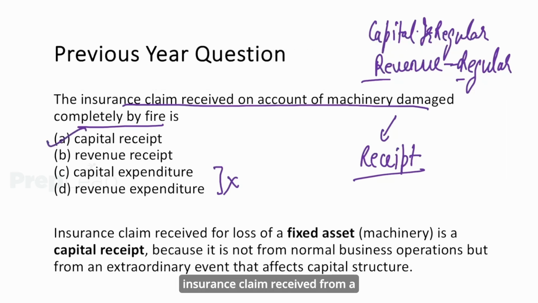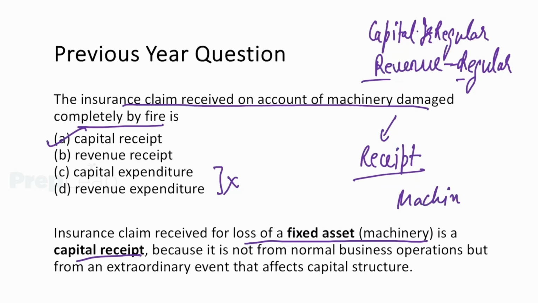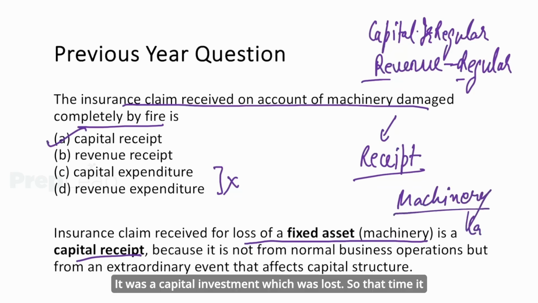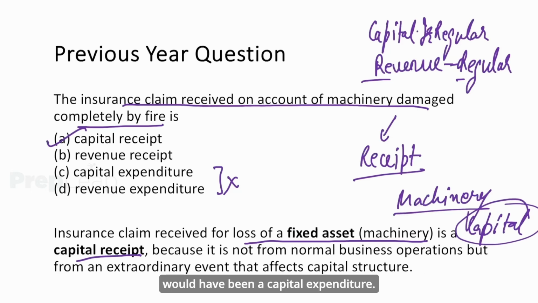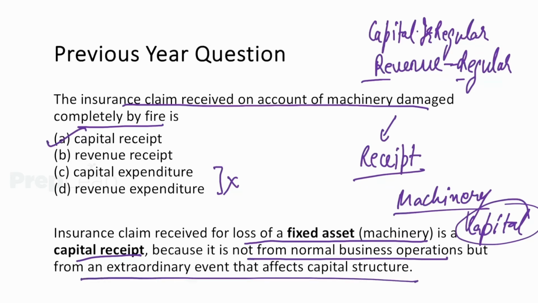So an insurance claim received for the loss of a fixed asset is a capital receipt, because the machinery which was lost was also capital. It was a capital investment which was lost. At that time it would have been a capital expenditure. Now it is a capital receipt. It is not a normal form of business operation, but an extraordinary event that affects the capital structure. Right?